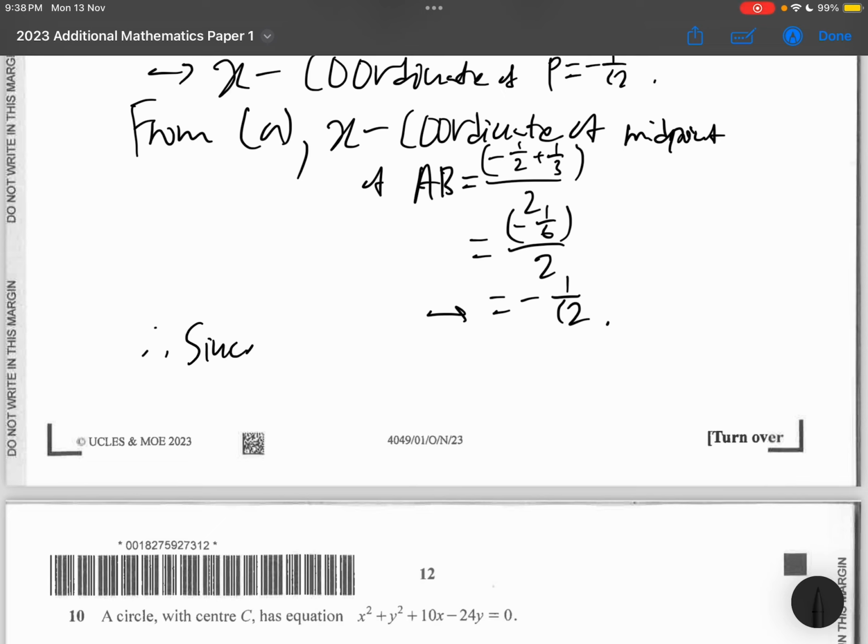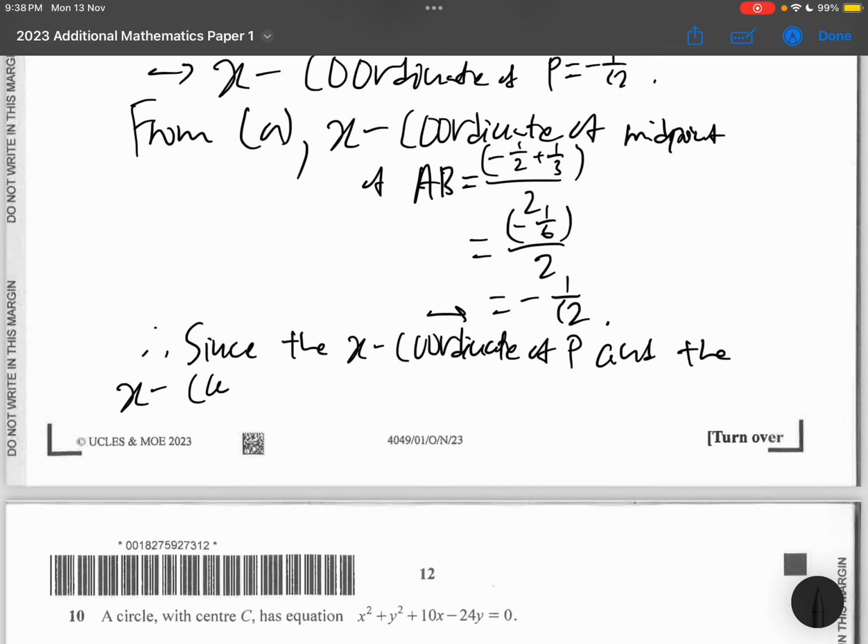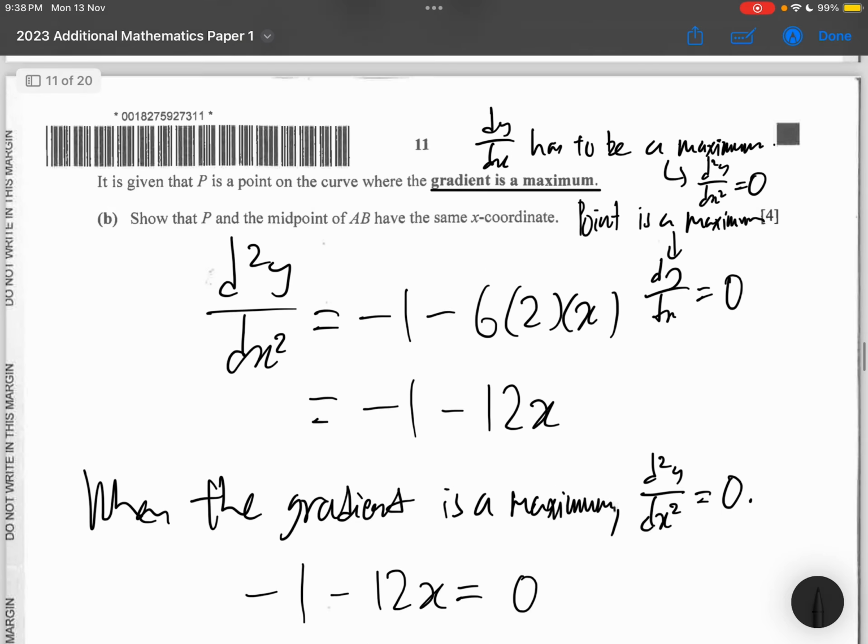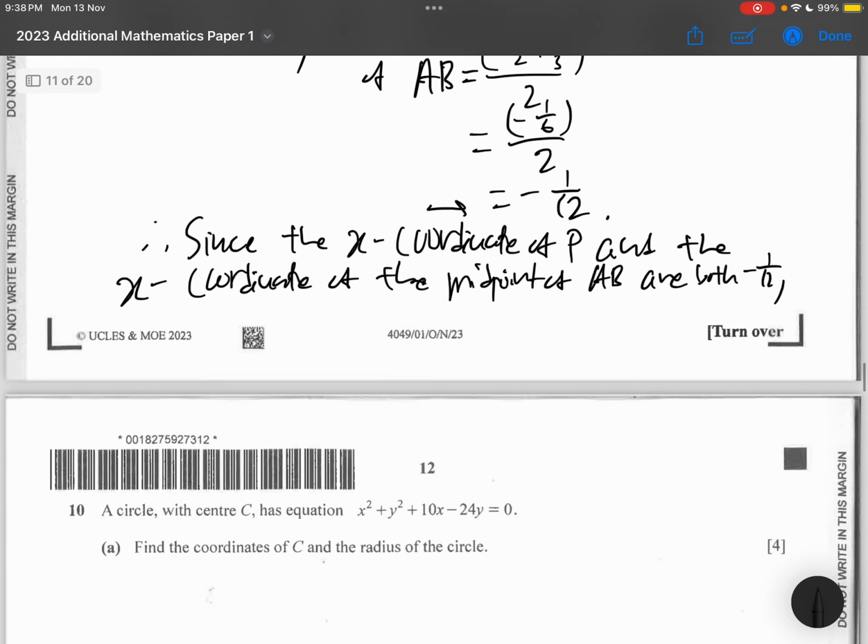So since the x coordinate of P and the x coordinate of the midpoint of AB are both negative 1 over 12, P and the midpoint of AB have the same x coordinate.